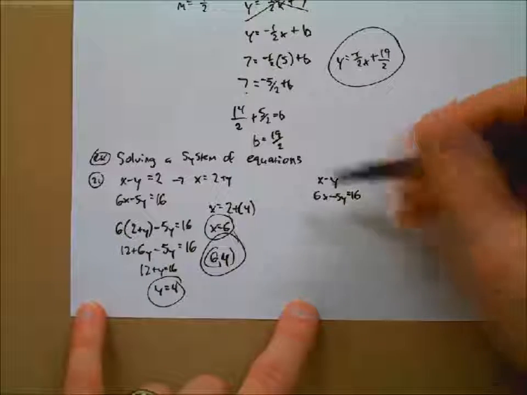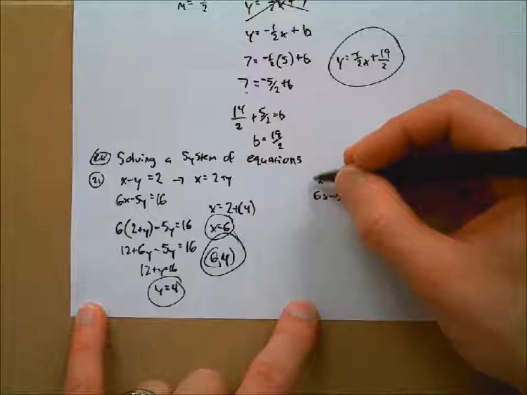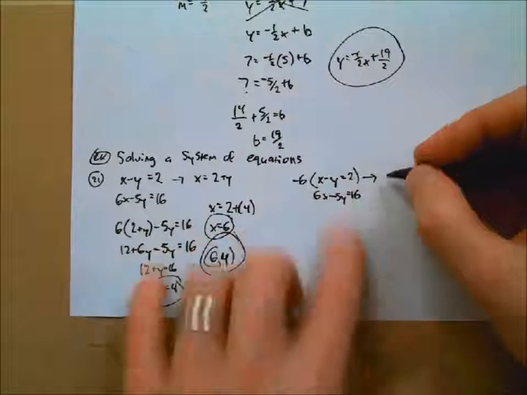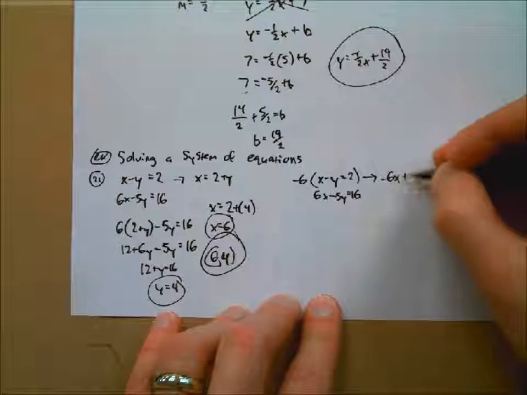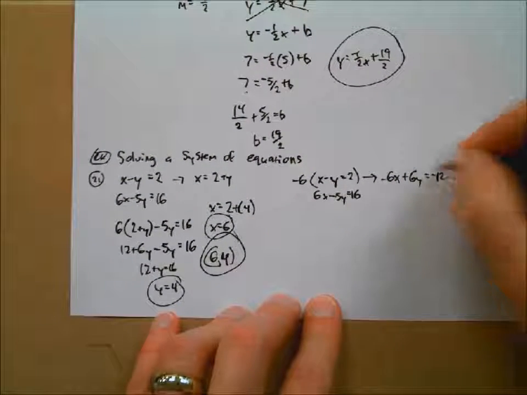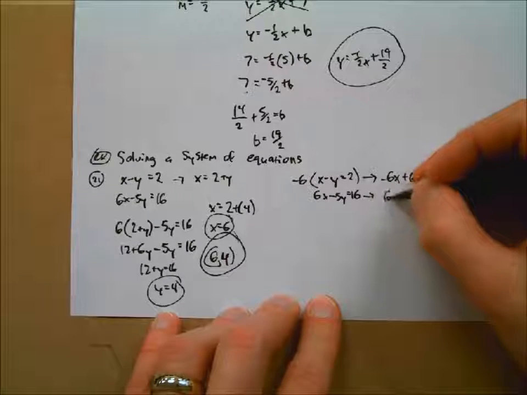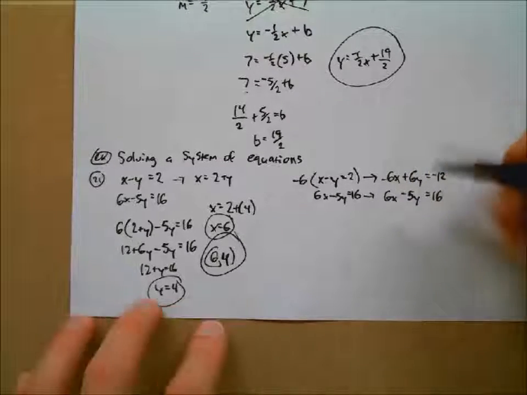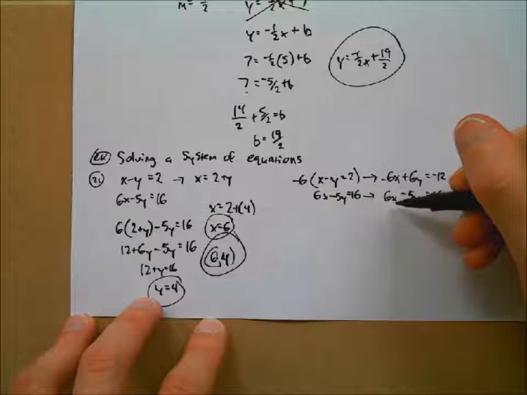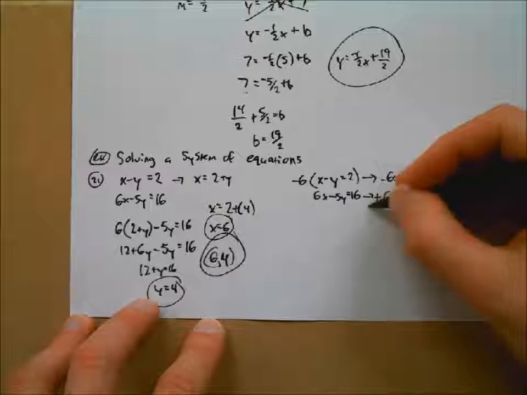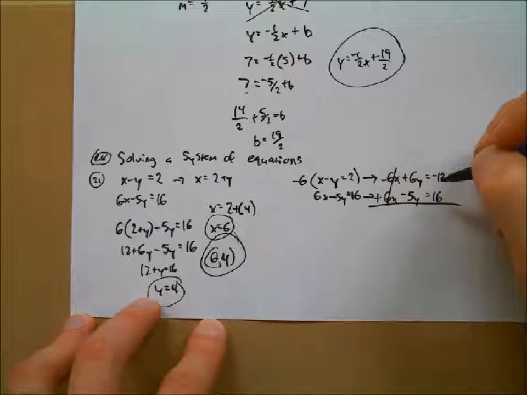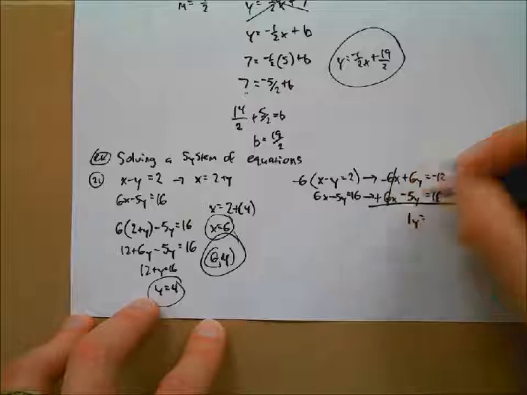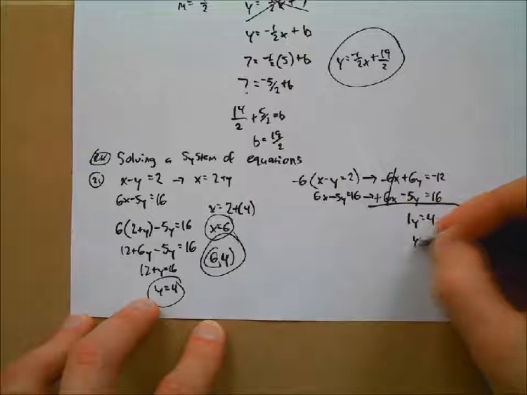For example here, if I multiply the top equation by -6, I end up with -6x plus 6y equals -12, and then I'll keep the bottom equation the same. Since the -6 and the +6 are opposites, if I add these two equations together, the -6x and 6x will cancel. 6y plus -5y is 1y, -12 plus 16 is 4, and so I get y is 4.